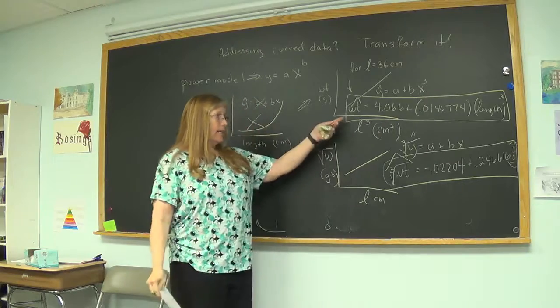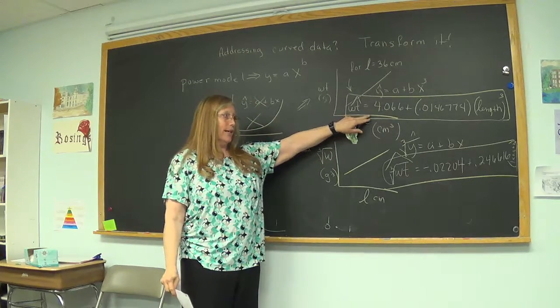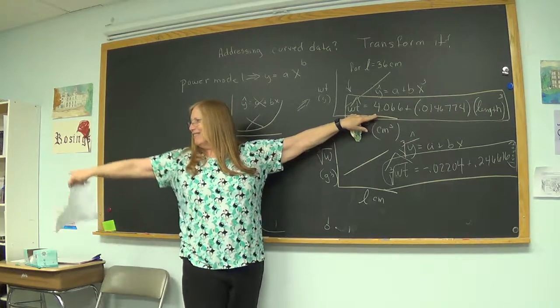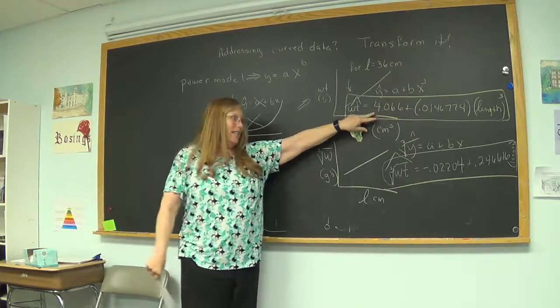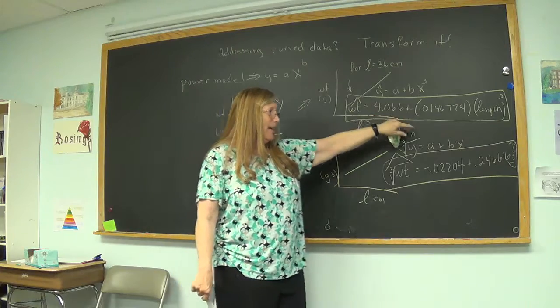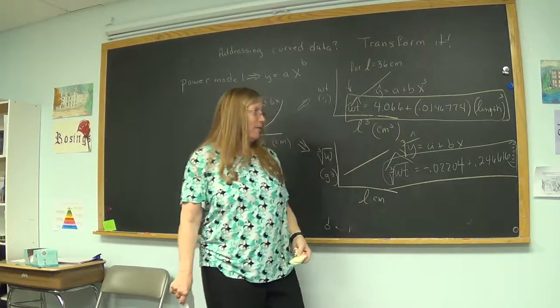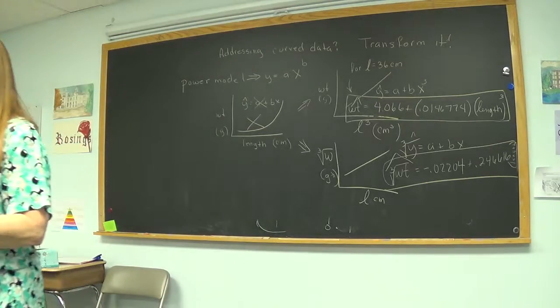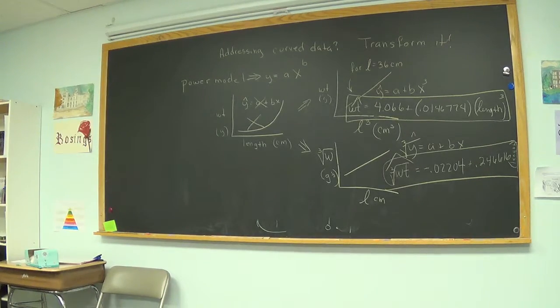Go ahead and predict the weight using this regression line. So everybody, grab it. 4.066 plus 0.0146774 times 36 cubed. Give me that number and we'll bounce it off of each other till we agree.